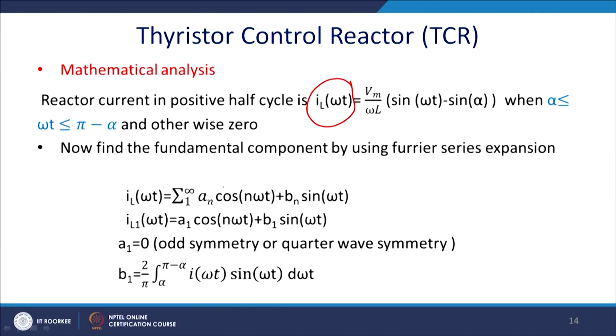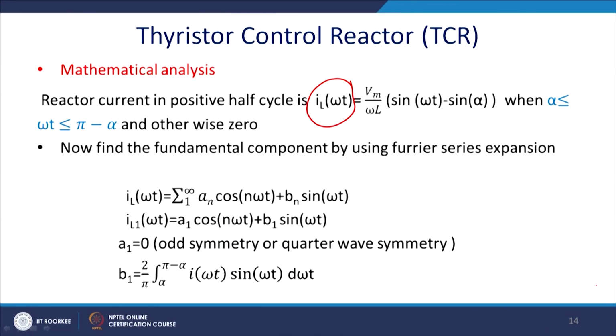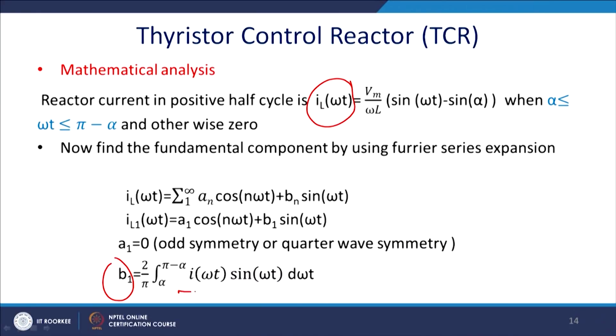So, let us do the Fourier series analysis. We can write the Fourier series and we assume that there is a symmetry, thus all the values of a1 to an will be 0 and we do not assume any DC component, and thus Bn, B1 will be given by the fundamental of it.